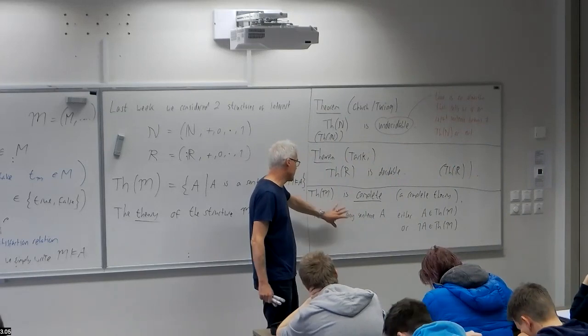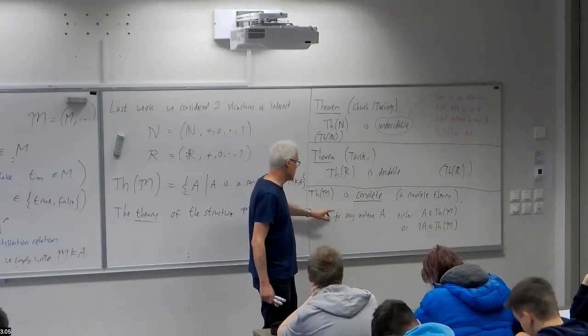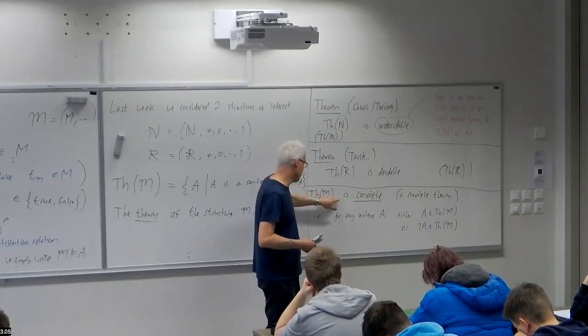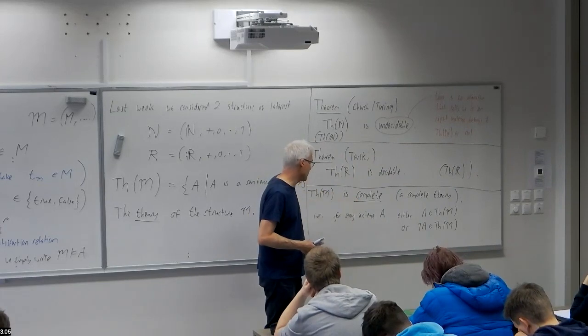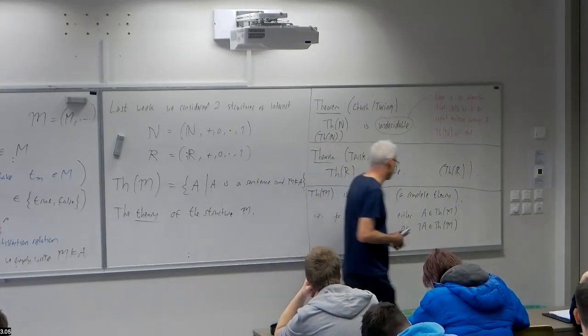It's a trivial property at this stage, but nonetheless important, because we're going to see other theories, and it's not going to be true that all theories are complete. Not all theories are theories of individual structures.